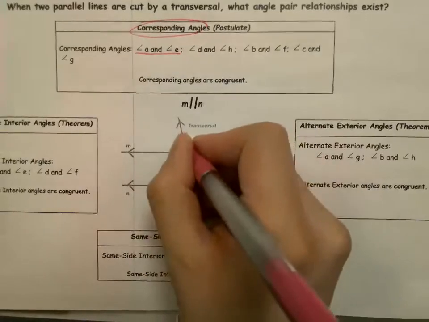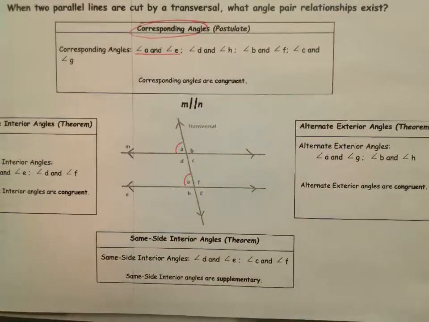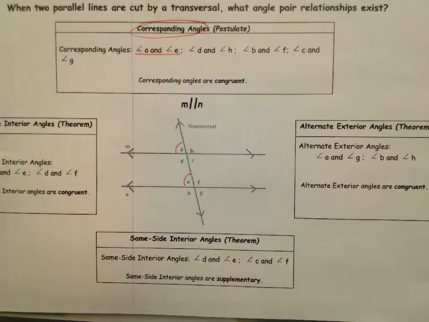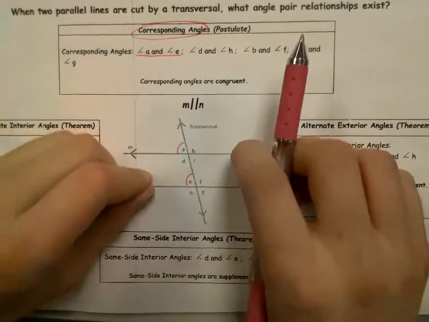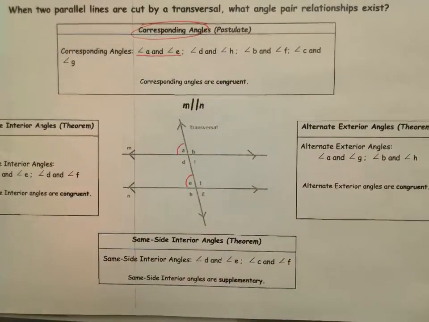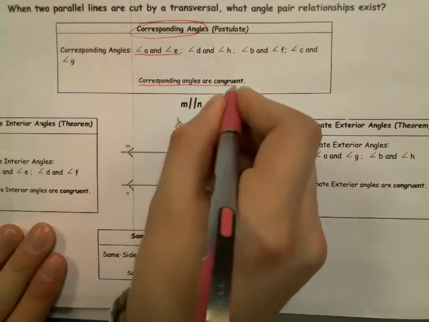Okay, so they are A and E. Two other options would be, for example, B and F or D and H. They're angles that are basically, if you were to push these lines back together and make a single line and they overlap, they would be the same dimension and the same size. Right? Okay. And again, corresponding angles are congruent.